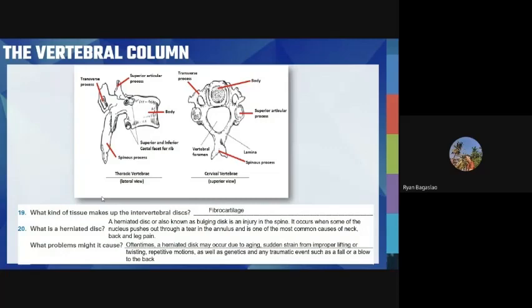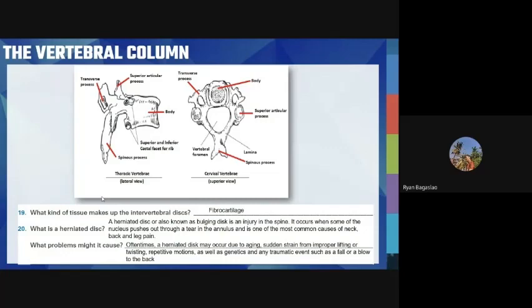There we can see the transverse process at the top left corner, and just below is the spinous process, and then we can also see the superior articular process, as well as the body on the right side.